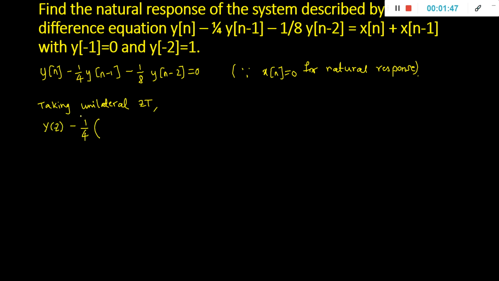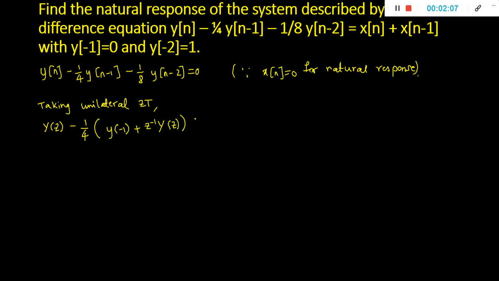Now let's get started with the y(n-1) term. The y(n-1) term has its unilateral z transform as y(-1) + z^-1 Y(z). Now this is what we have for the second term.